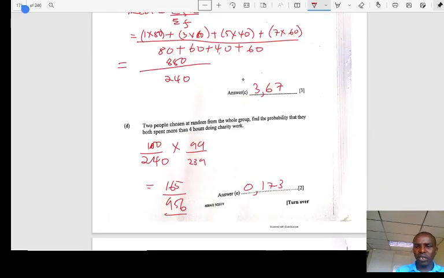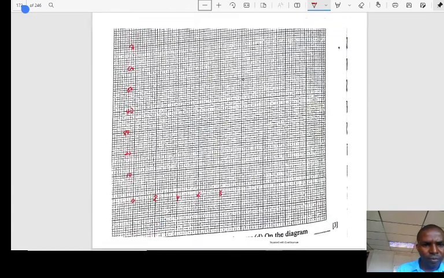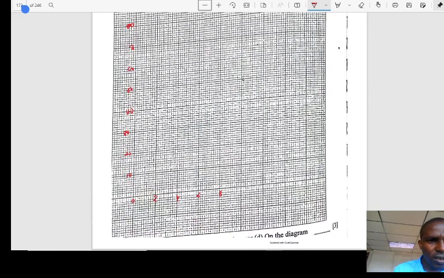So it's 80 here, 0 to 2, 2 to 4 here, then 60, then 40, then 60.